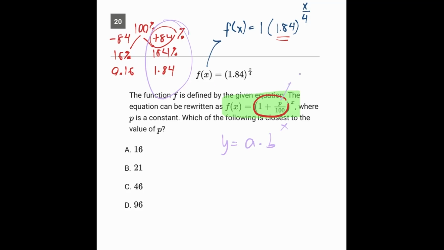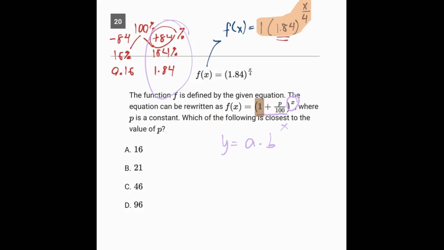So just imagine here that p were 84 over 100. This would all be 1.84. So now we're basically just simply being asked here, by what percent is this thing going up in the situation of a function that x is just increasing by 1? So just to review, we've got a function where we're saying this thing is going up by 84% every time x goes up by 4.